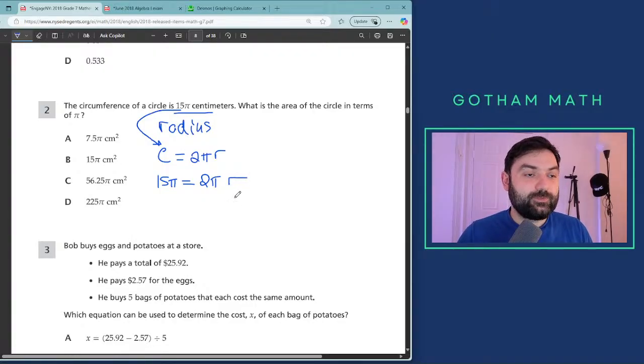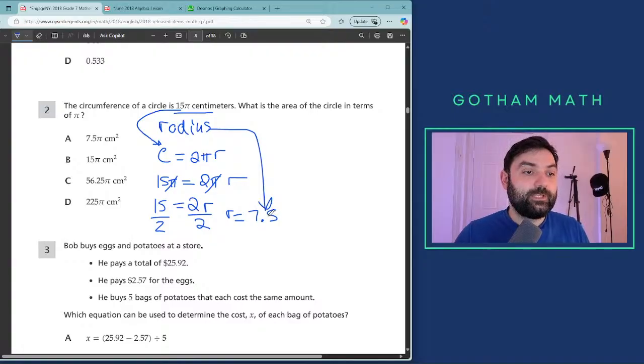We're going to cancel pi on both sides because we don't need it, and we're allowed to. So it gives us 15 equals 2r, which we can easily divide by 2 and get r equals 7.5. That would be our radius. Now we can use the area formula of the circle, which is area equals pi times radius squared.